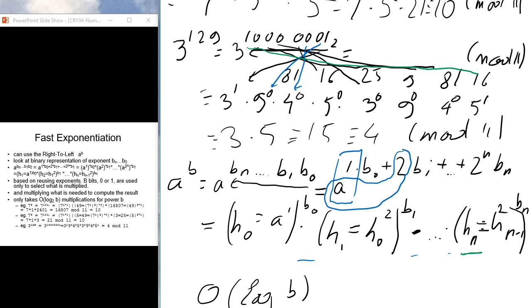Notice here that we have used n for the number of bits, and previously it was used for the modulus.